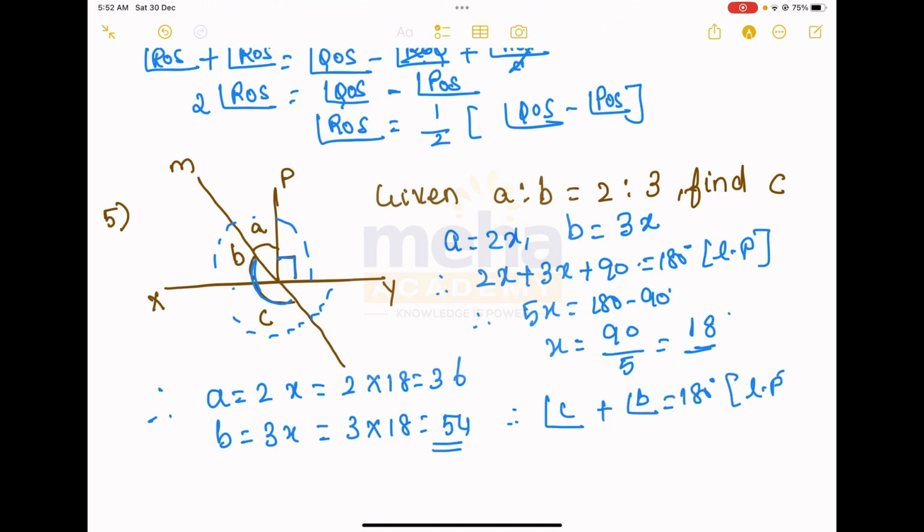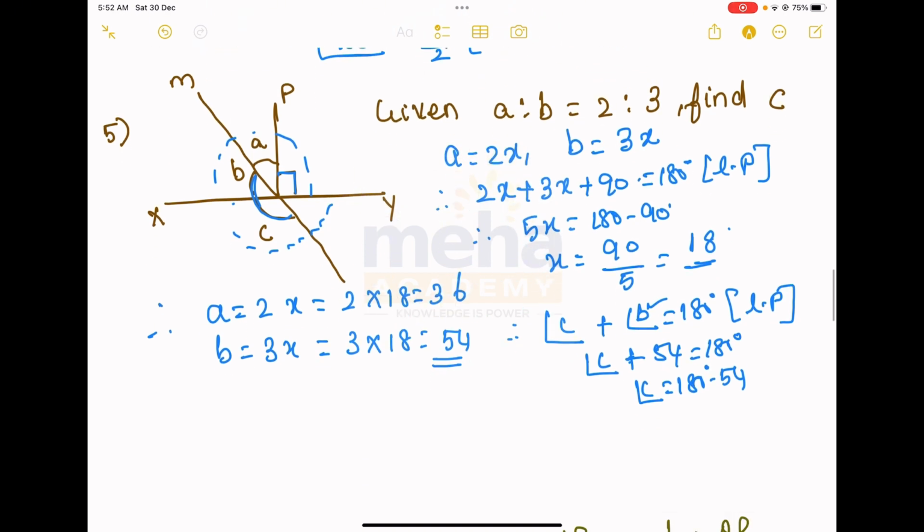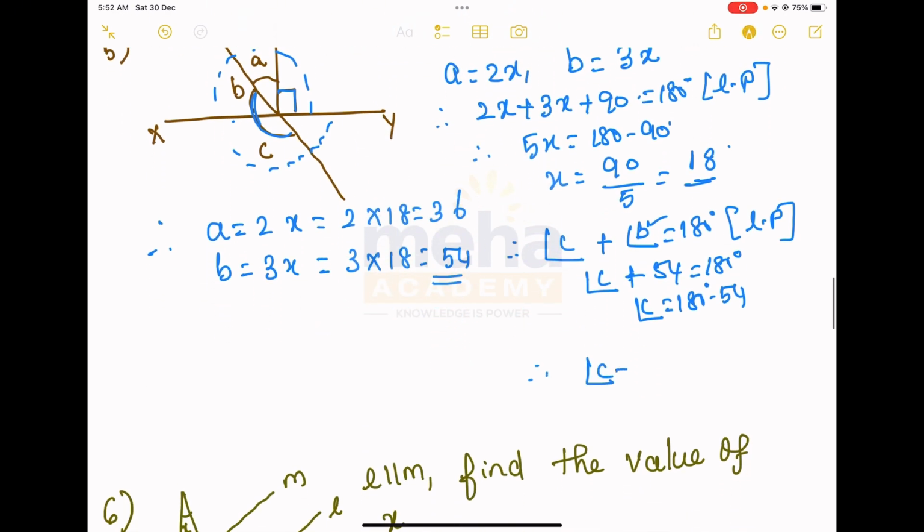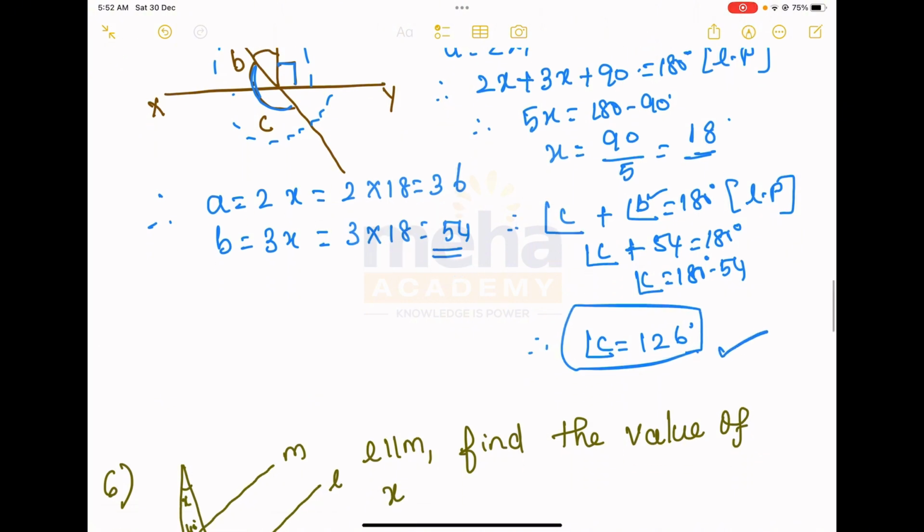Again, the linear pair. Then we know what is angle B. So angle C plus 54 is equal to 180 degree. So angle C is equal to 180 degree minus 54. Then, therefore, angle C is equal to 126 degree. So this is the final answer for C.